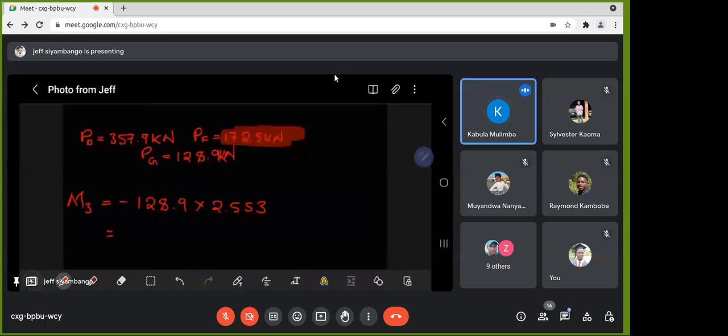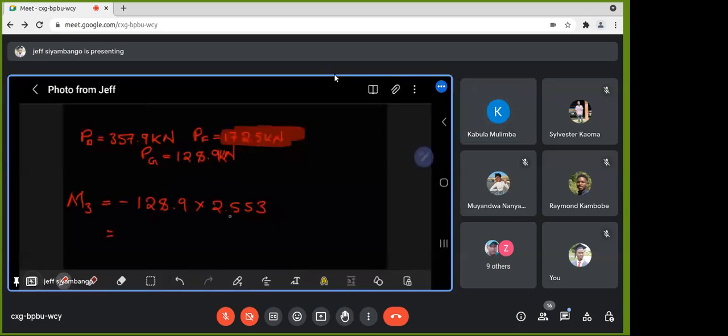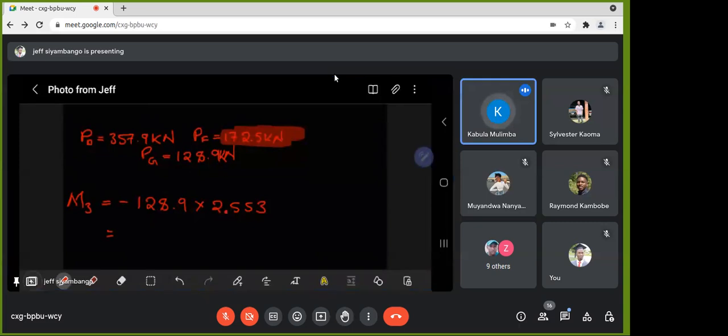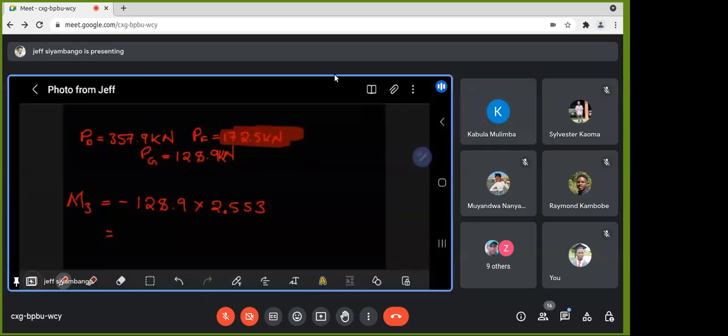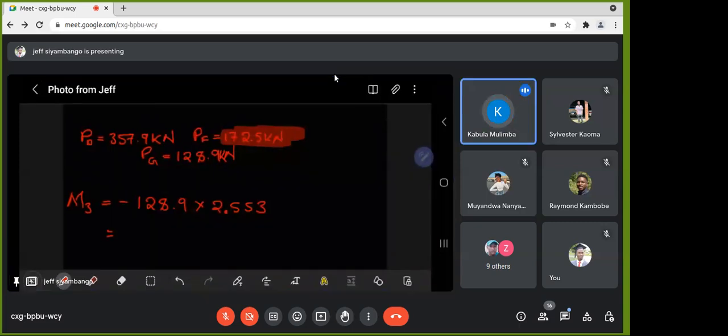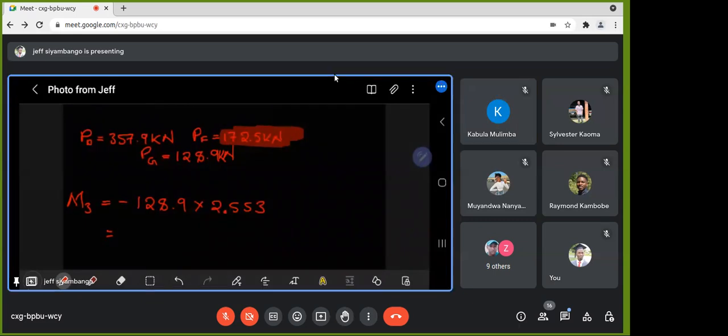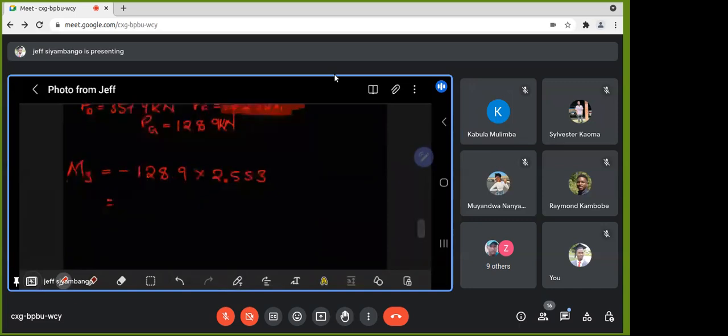The distance is already converted, 2.553. Okay. Yeah, it's already converted. 2.553 by 128.9. So we get minus 329.0817. Again, kilonewton meter.